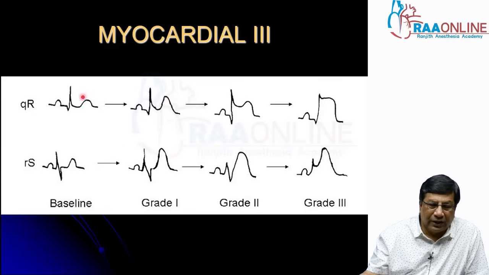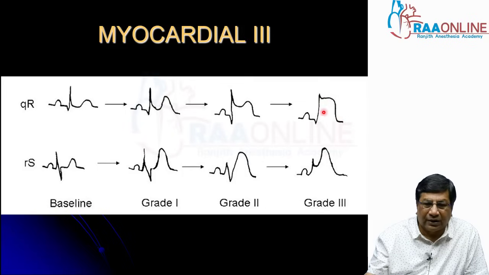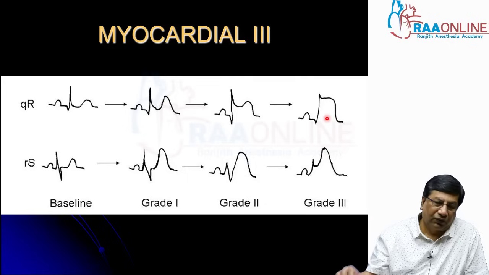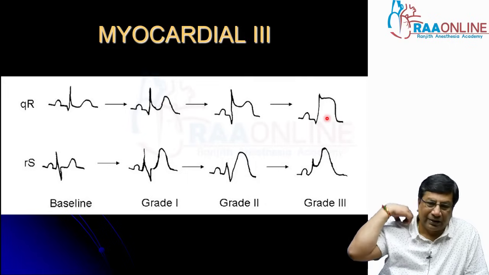Then we talk about what is known as the grades of ischemia. There are 3 grades of ischemia, where the ischemia can be a tall T wave alone, or ST segment elevation that is not disfiguring the descent of the R wave, or ST segment elevation which completely replaces the downslope of the QRS complex.